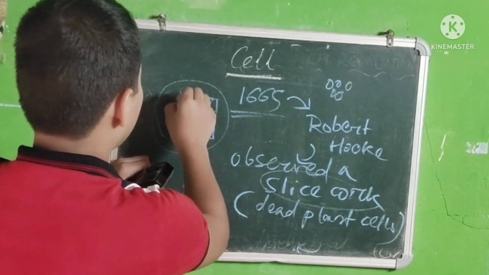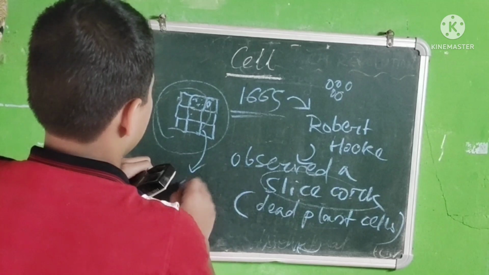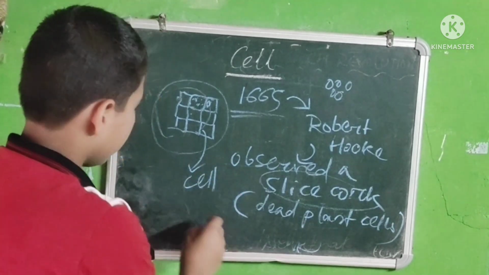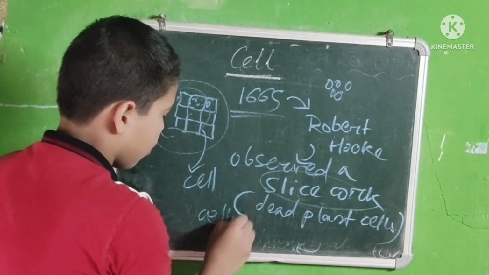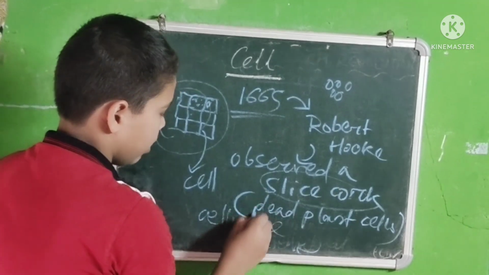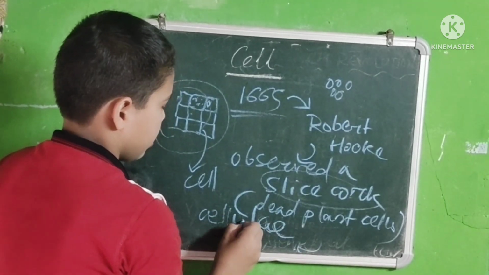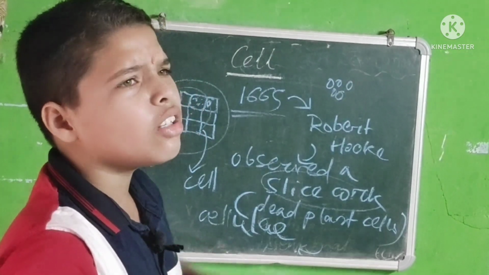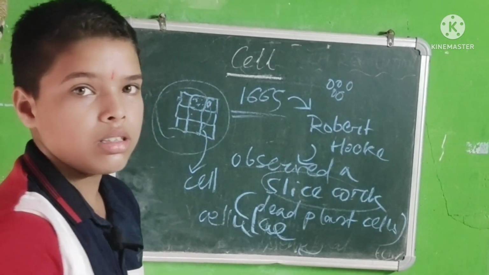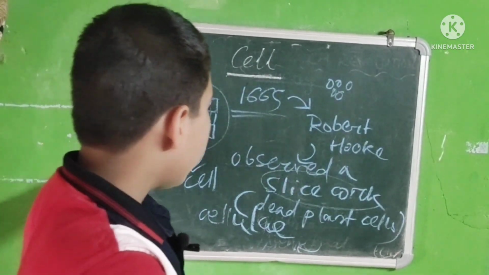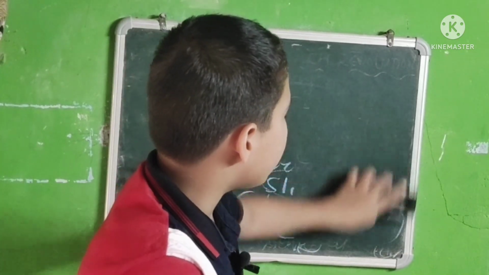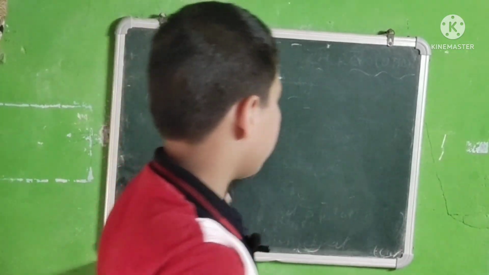These small compartments were then called cells, derived from the word cellulae. So this was the discovery of the cell, but it was the discovery of a dead plant cell.